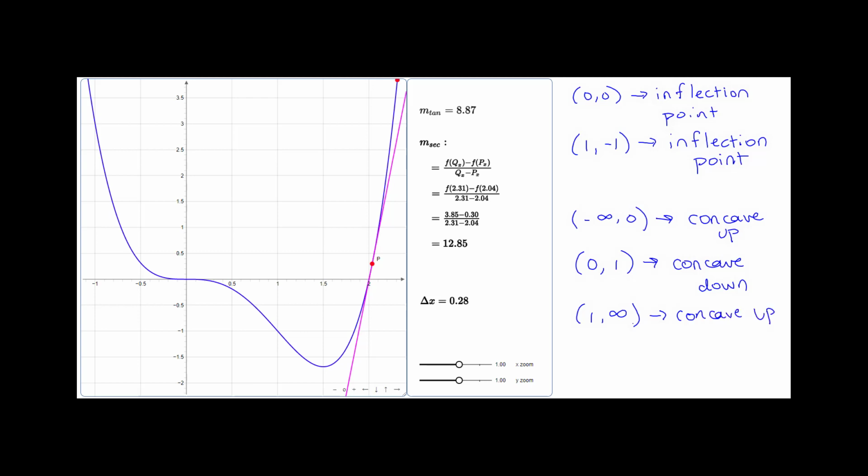Now, what you should say in the end is to combine the regions that are concave up, so these two different intervals: from negative infinity to 0, and then use the union symbol to join the two sets together, then from 1 to infinity. On those intervals, we are concave up. And you don't need to do that for the concave down because there's only one interval there.